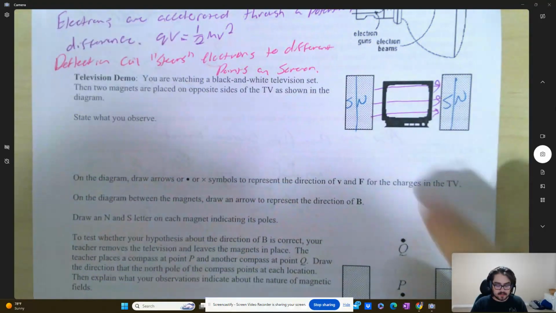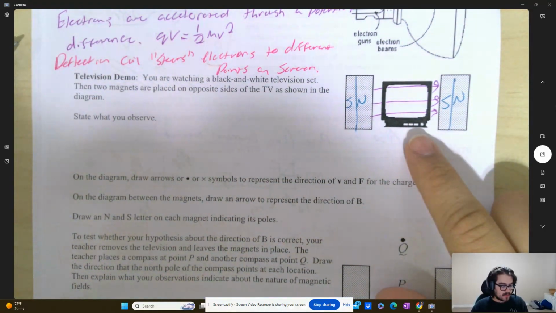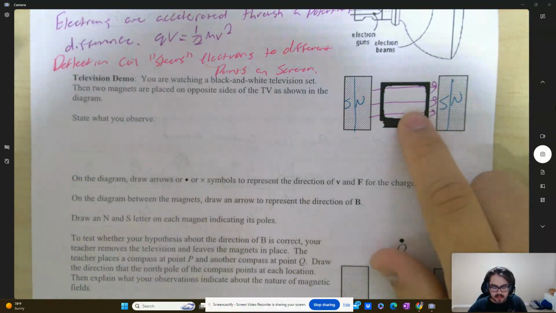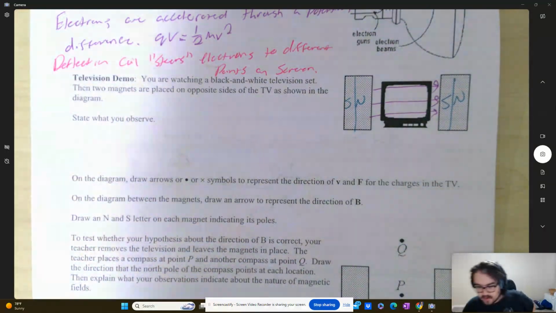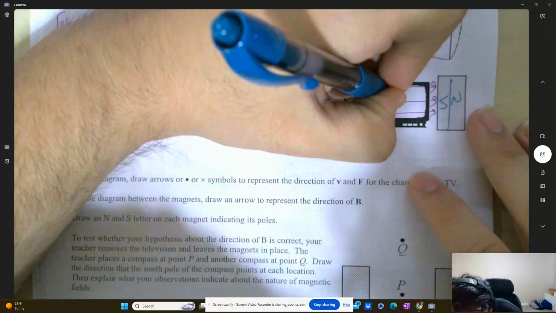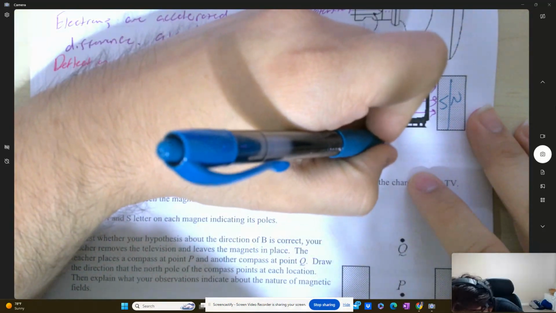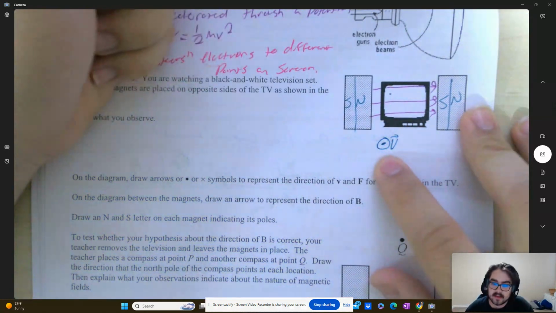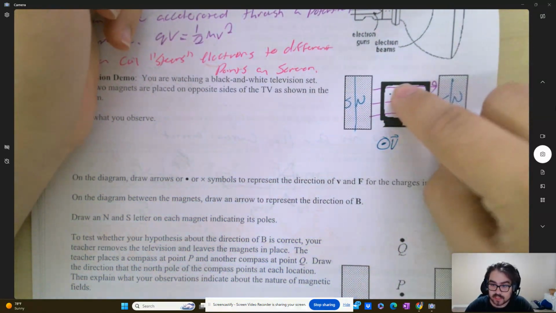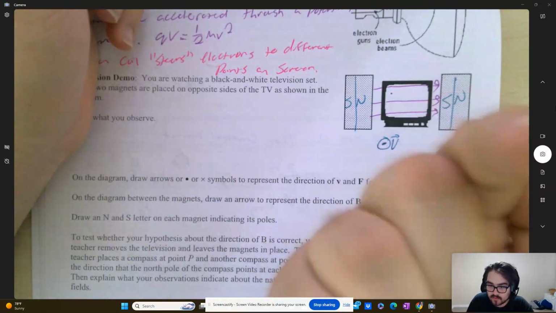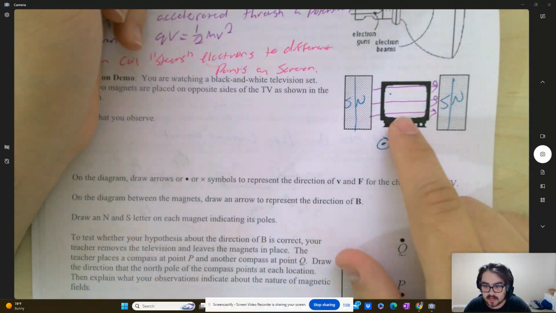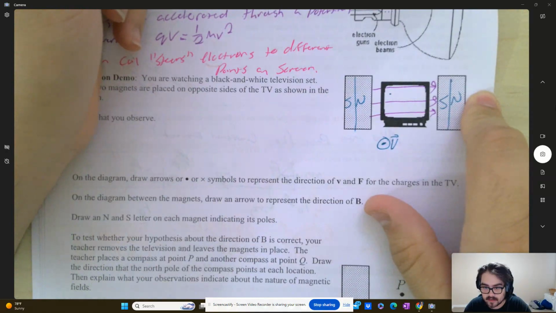And what ends up happening is the charges that are coming off of the electron gun are actually coming out of the page, right? So we would say that the velocity vector is coming out of the page, okay? Because the electrons are starting in the box at the back and they're coming at the screen, right? And we're looking at the screen, so it's going out of the page, right? Okay, so the velocity is out of the page and the B field is going to the right, okay?